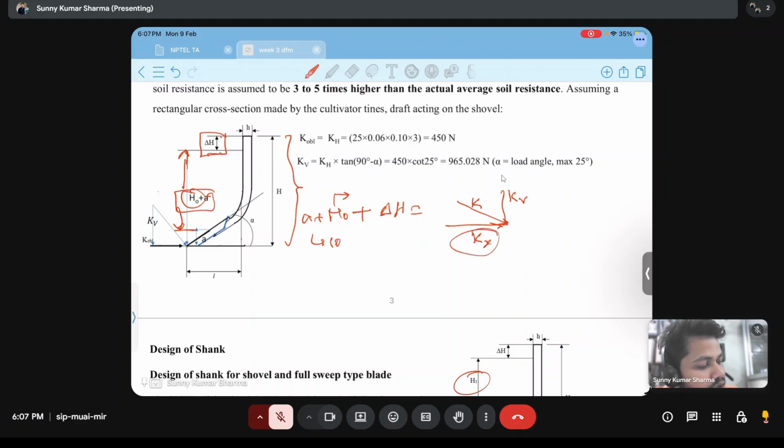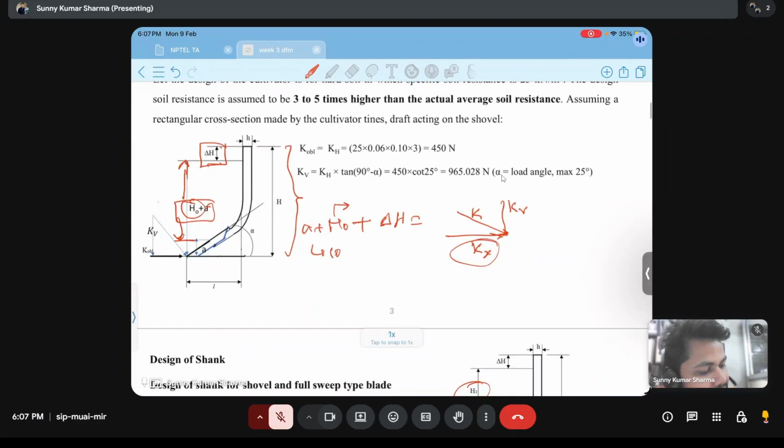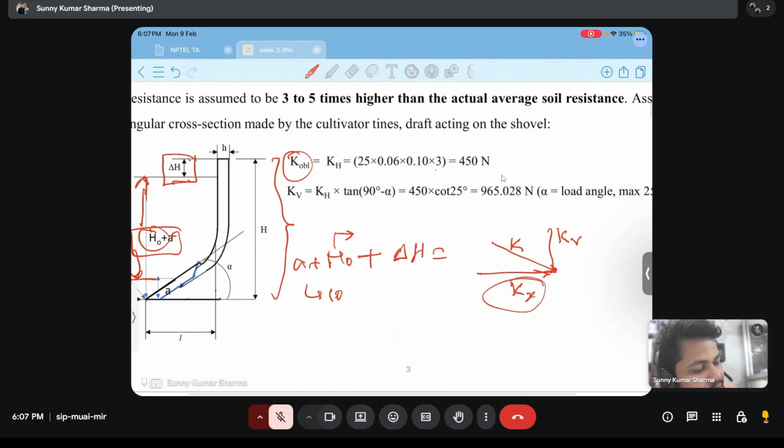Kx is the horizontal component of K, which we will denote here as KOBL, because we will take a factor of safety, so that our design can be safe. So KOBL will be, if we take 3 as factor of safety, 3 times the KX force.